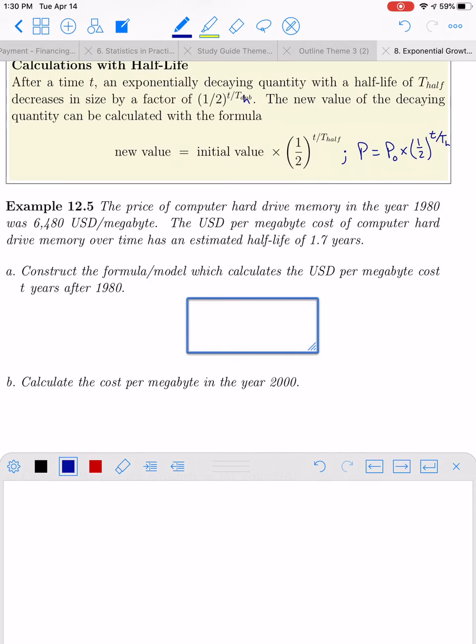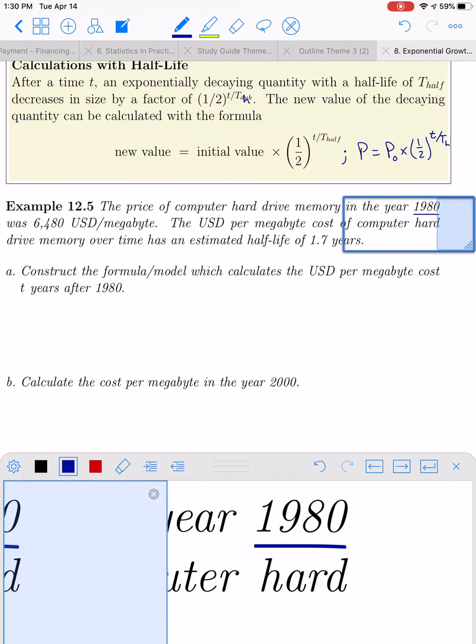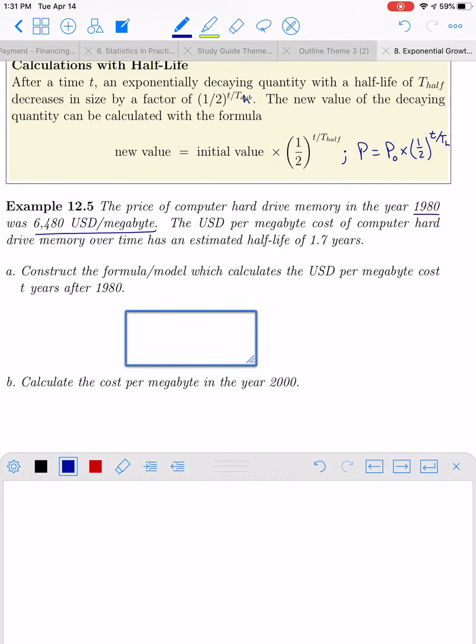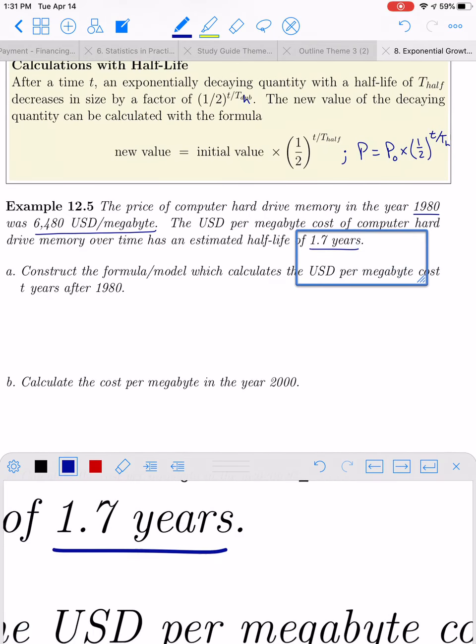So if we look in this example, in the year 1980, the price of computer hard drive memory was $6,480 per megabyte. So $6,480 for 1 megabyte of storage on a hard drive. So the US dollar per megabyte cost of computer hard drive memory over time has an estimated half-life of 1.7 years. Okay, this was approximated from data found on the internet. It's reasonably accurate.